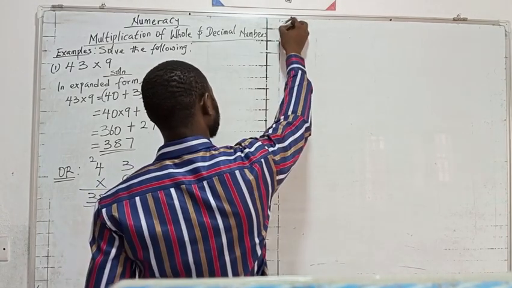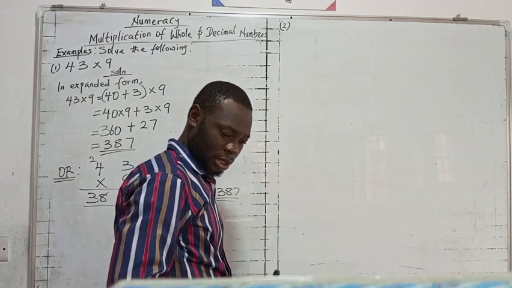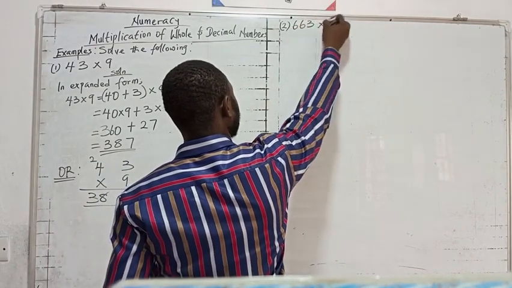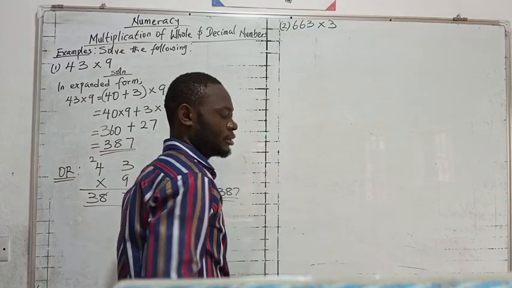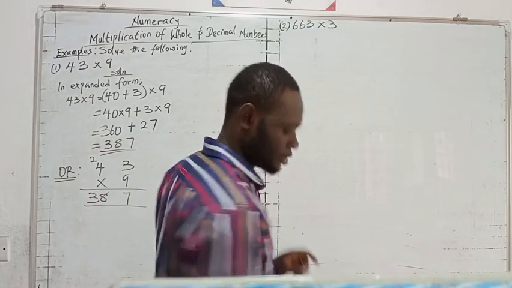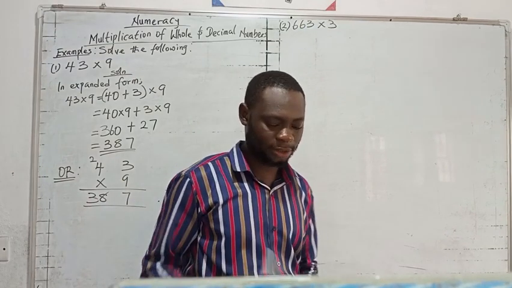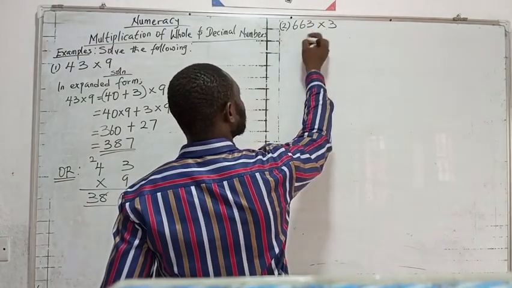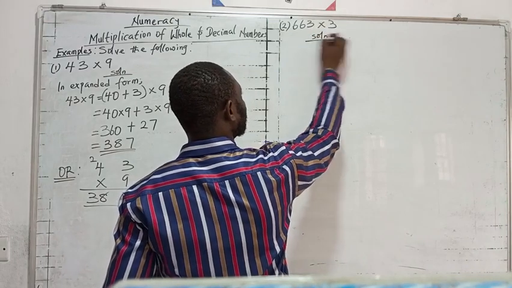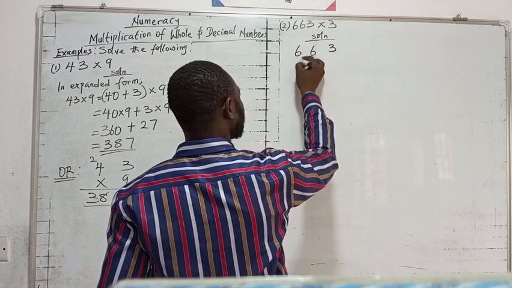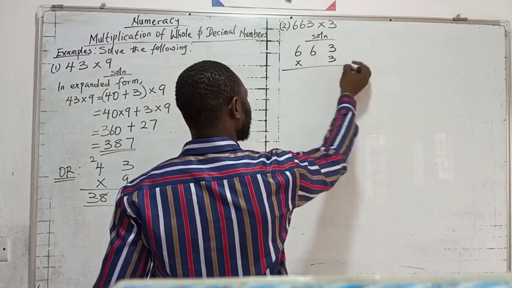Okay, let's look at example number 2. Let's say 663 times 3. Now I'm going to be using this method because it's more straight to the point. Solution. This becomes 663 times 3.